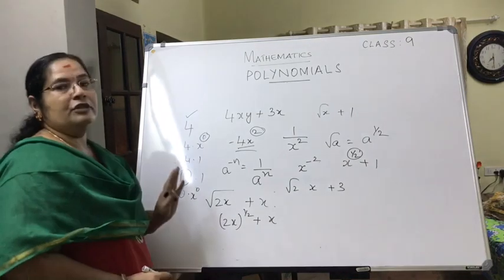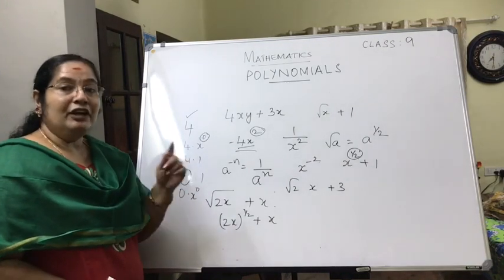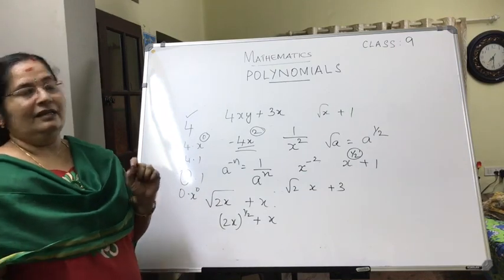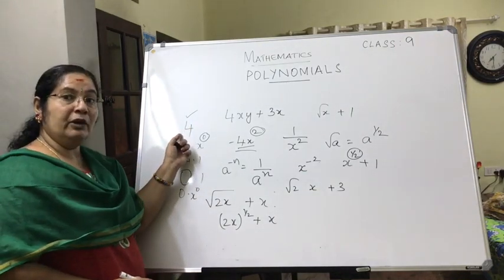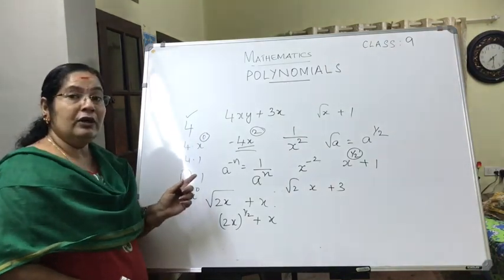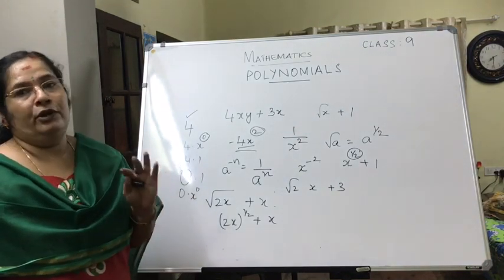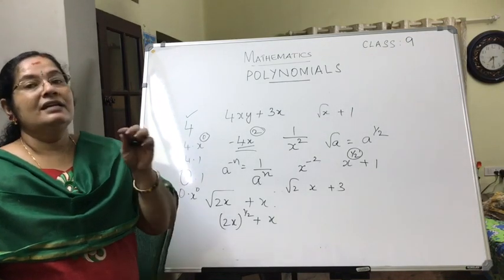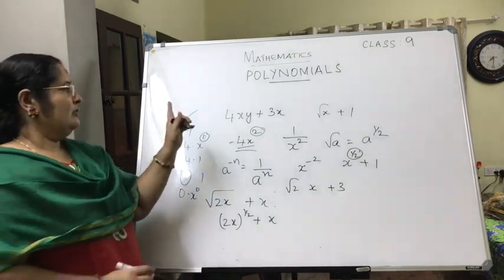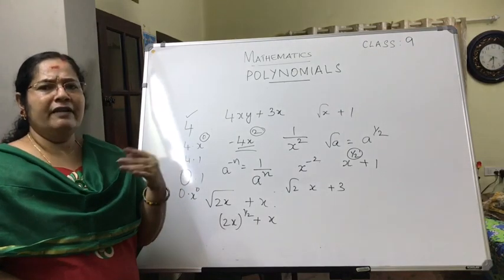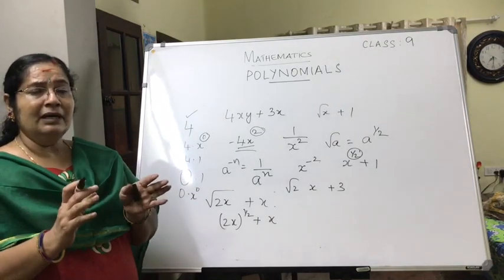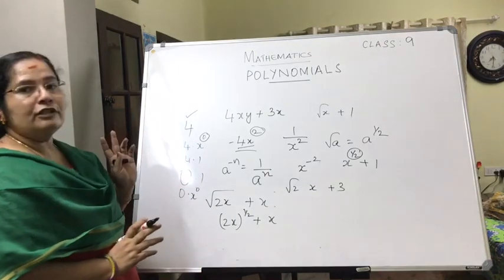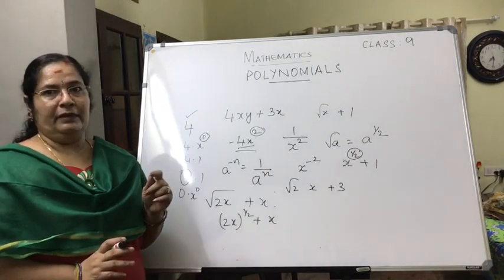So 0 is also a polynomial, and we call 0 the zero polynomial. It's not 'zero of polynomial', it is the zero polynomial. So 4 or 5 or 10, 25, 100, if you simply write a number, it is called a constant polynomial. And 0 is called the zero polynomial.